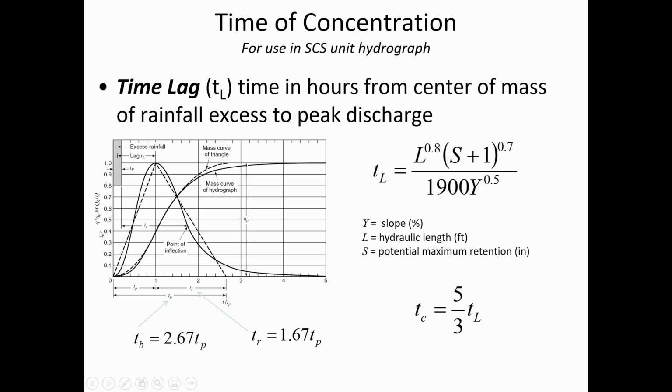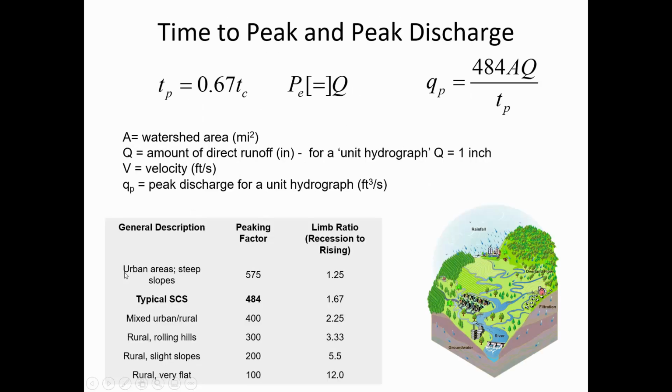On the vertical axis, you'll notice it says the flow rate at any particular time to the maximum flow rate. So it's scaled to 1.0 on the vertical axis in the same way that it's scaled to 1.0 on the horizontal axis. For time, we're referencing the time to peak, and for flow rate, all of these flow rates at any time besides the peak time are established by the table of values that we'll look at in just a moment.